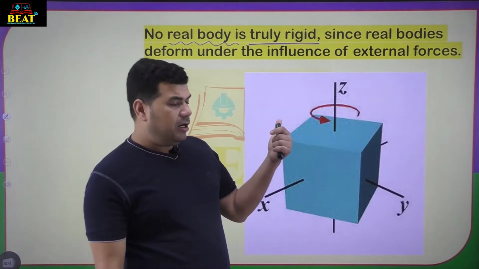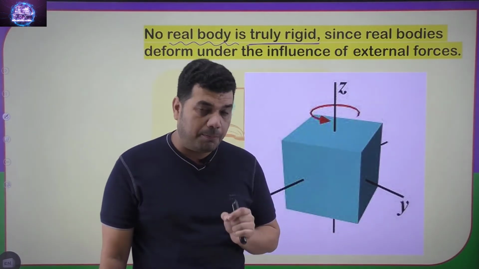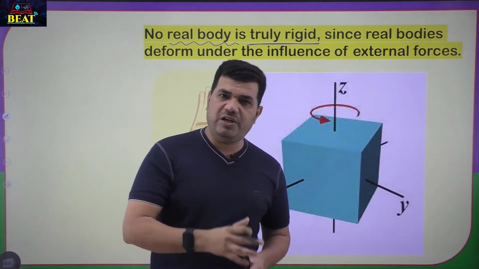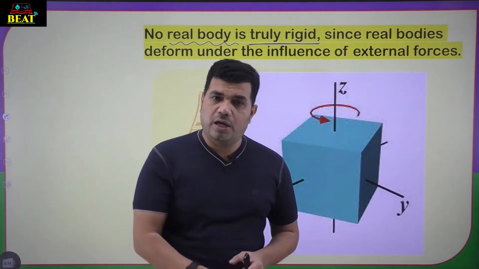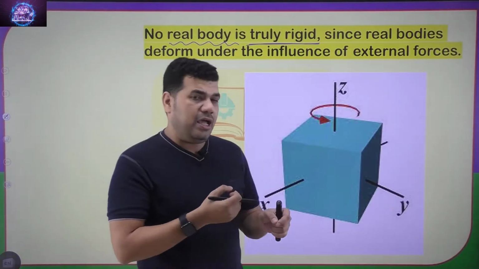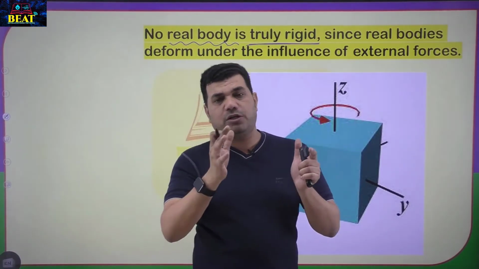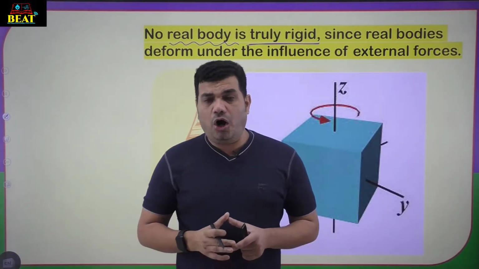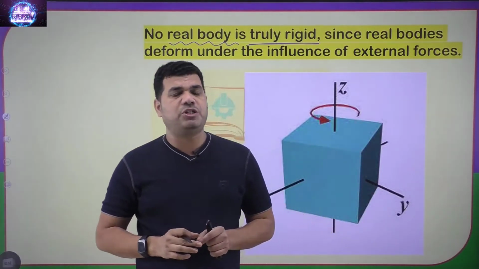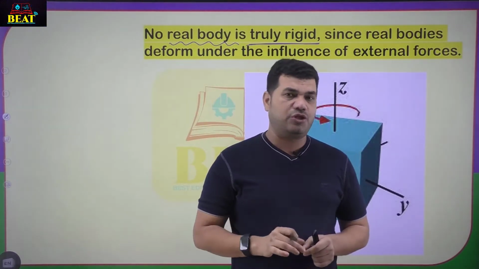But here no real body actually exists because always, when you apply some deforming forces, there is always some deformation, a little deformation. But as a comparison with its size and shape or its dimension, if the compression or the amount of deformation is small or negligible, then we can assume that particular body is a rigid body, right?